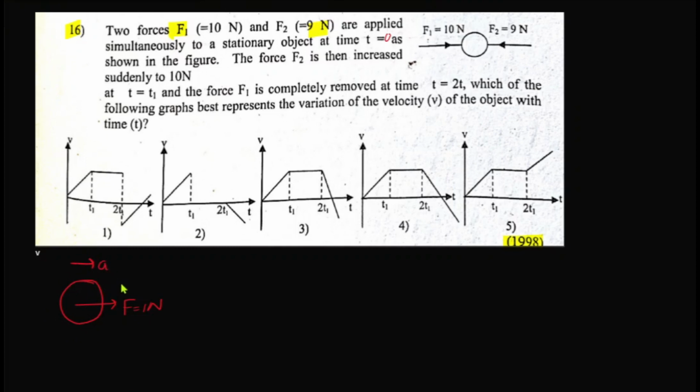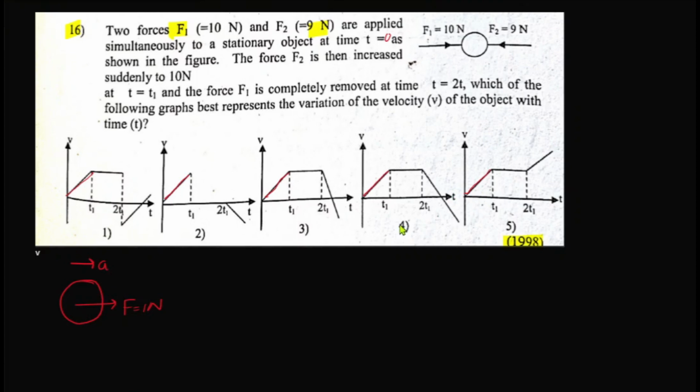So how do we represent acceleration in a VT graph? By using a constant gradient. So from t equals 0 to t equals t1, the gradient should be constant. It's there, right? So okay, fine.